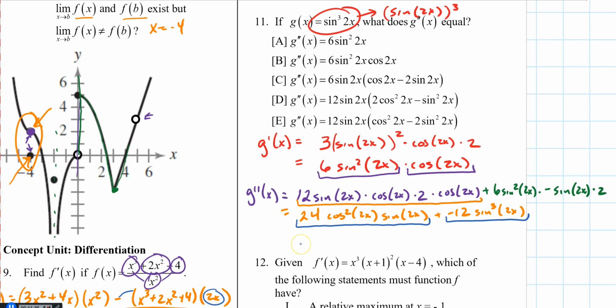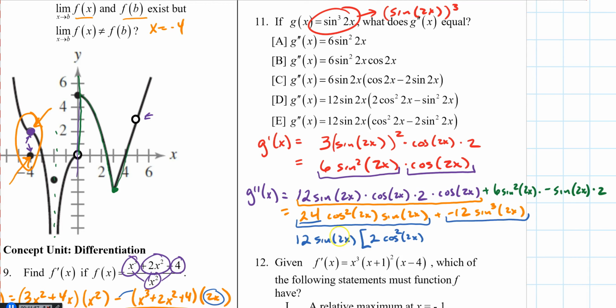And now we'll notice that when we look at these two terms, we have a 12 in common, and we also have a sine of 2x in common. So when I pull out a 12, I'm left with a 2 cosine squared of 2x.